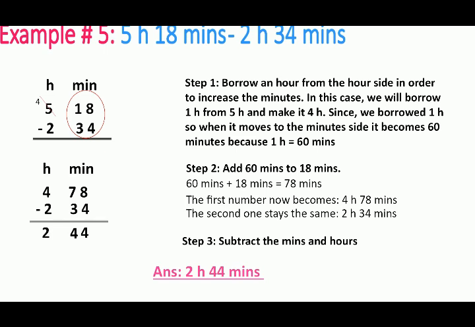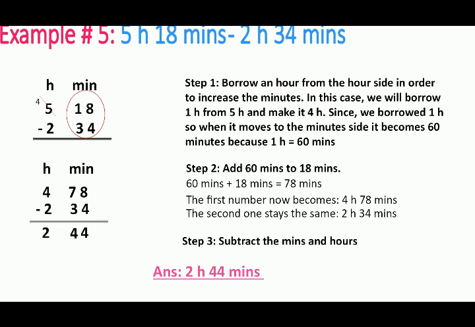We will borrow an hour from the hour side in order to increase the minutes, because we cannot subtract 34 from 18, so we have to do something to the number 18 so that it increases. To do that, we will borrow 1 hour from the hour side.